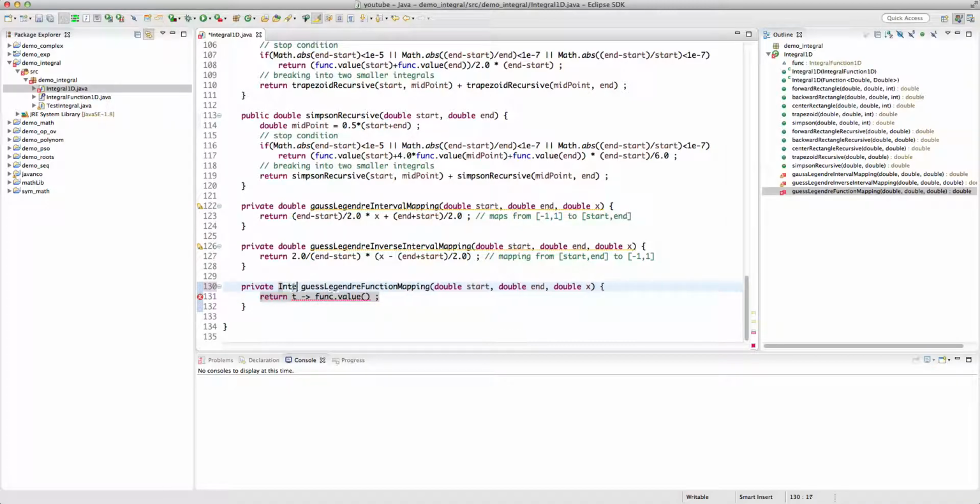All right, so let's call this integral 1D, and then the return type is func dot value, functional integral function 1D. All right, and then here we map x to Gauss-Legendre, this should be Gauss.